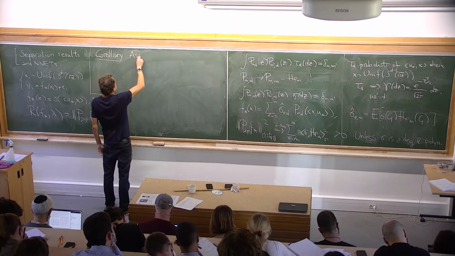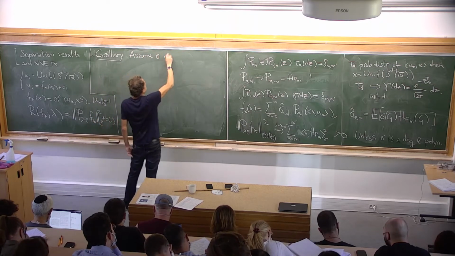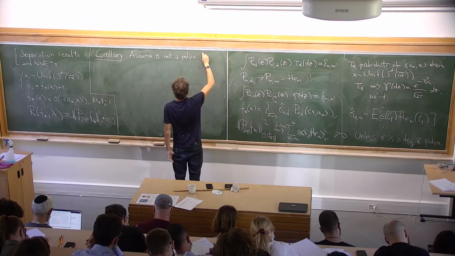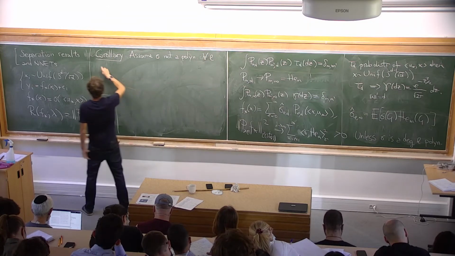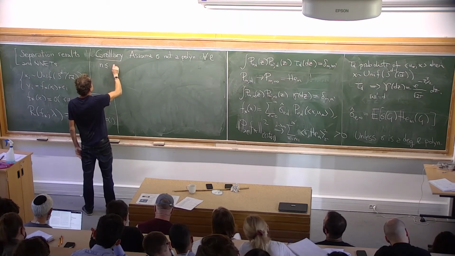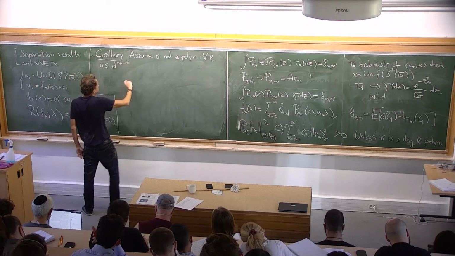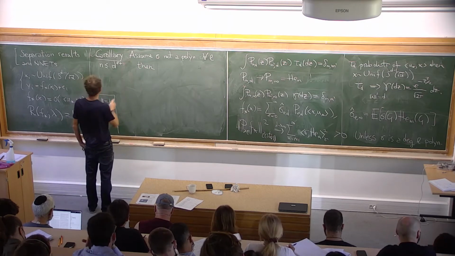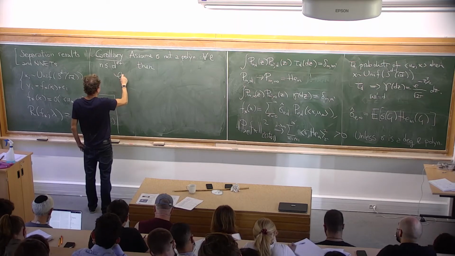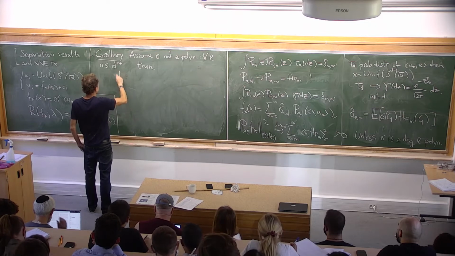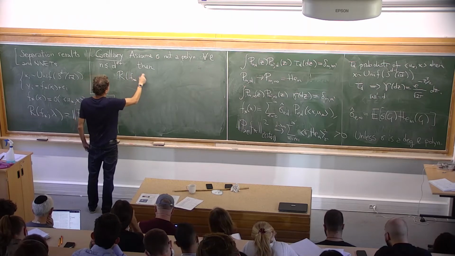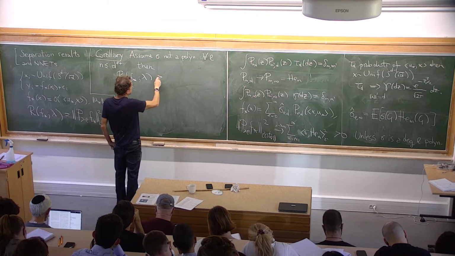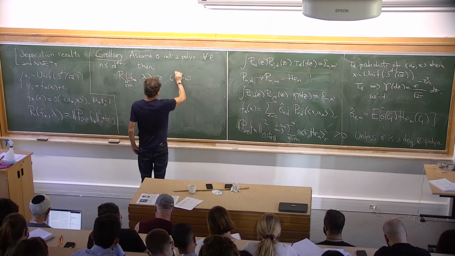Assume sigma is not a polynomial, and for any integer L, if n is less than d to the L plus 1 minus epsilon, then the risk at f star of NTK or KRR, etc., is bigger than a constant bigger than 0.